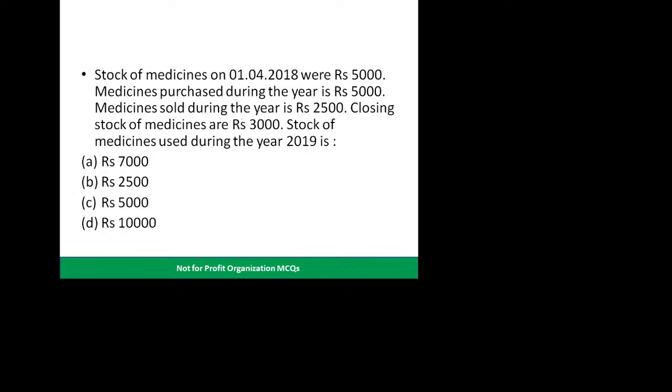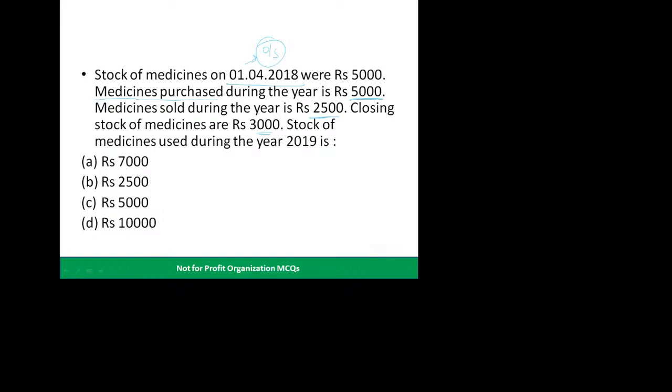See, the first is opening stock, then medicines purchased 5,000, sold 2,500, closing stock is 3,000.